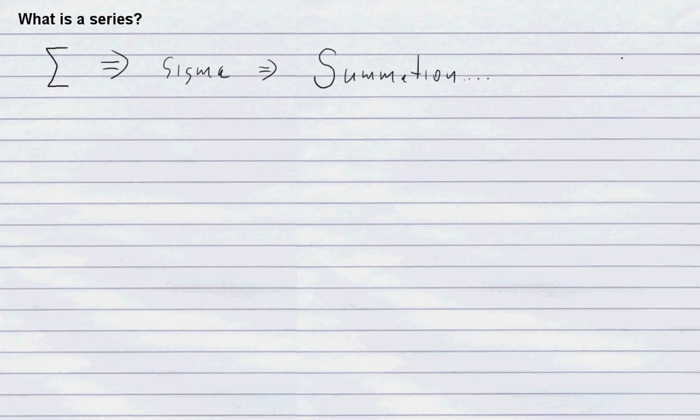Whenever you see that symbol, it looks like an E, but it's supposed to be kind of an S, it indicates a summation, that you're adding a list of things together.